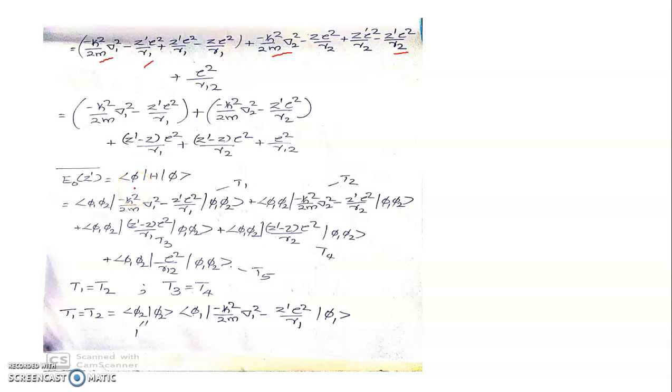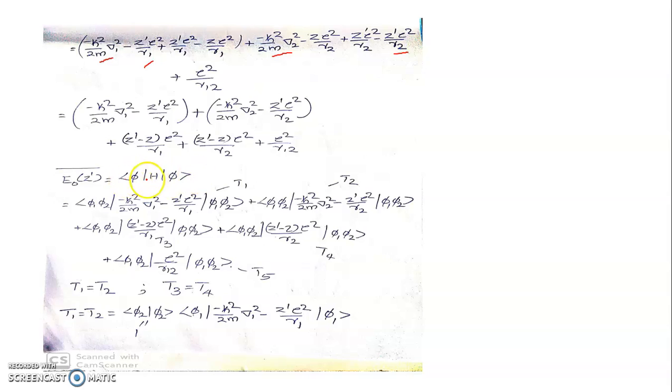Keep in mind that this is already a normalized wave function, because we have separately normalized the two hydrogen-like wave functions phi1 and phi2, so there is no question of the denominator as far as the Rayleigh-Ritz formula is concerned.